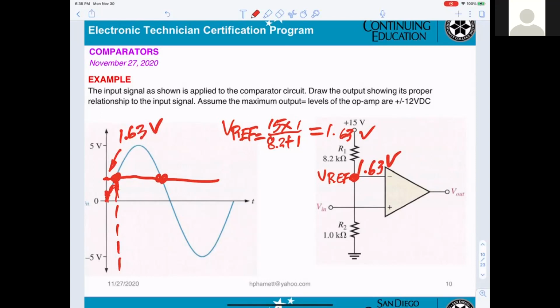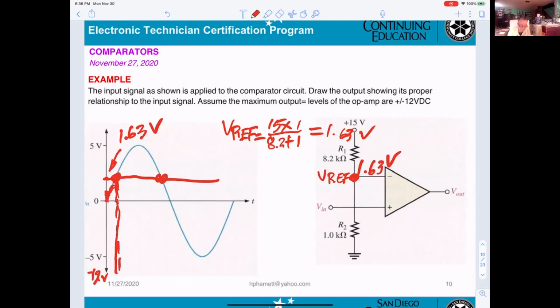Less than. They're telling you input negative, input positive, which one is higher? Negative. Perfect. Negative is higher, so the output will go to the maximum negative saturation. That means it goes to minus 12.